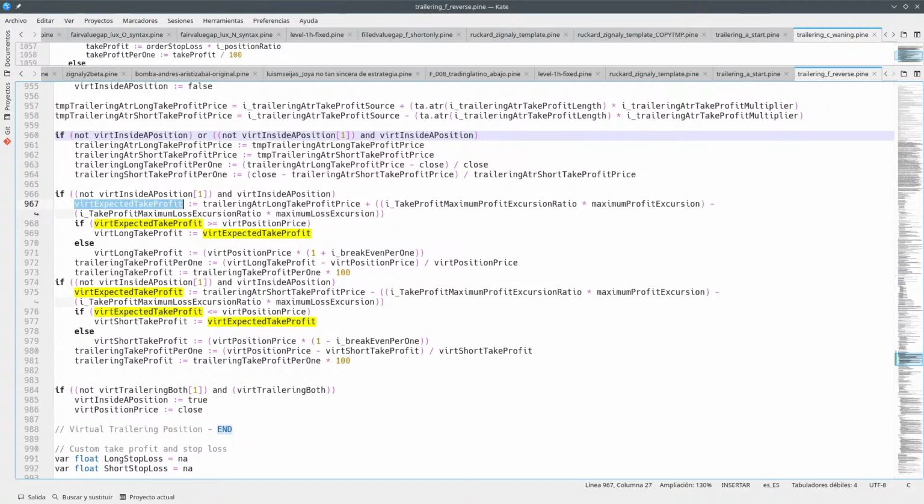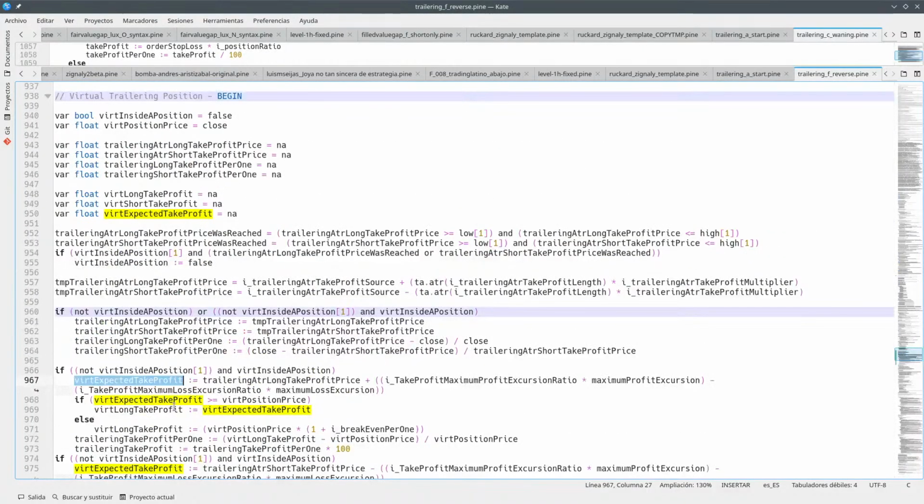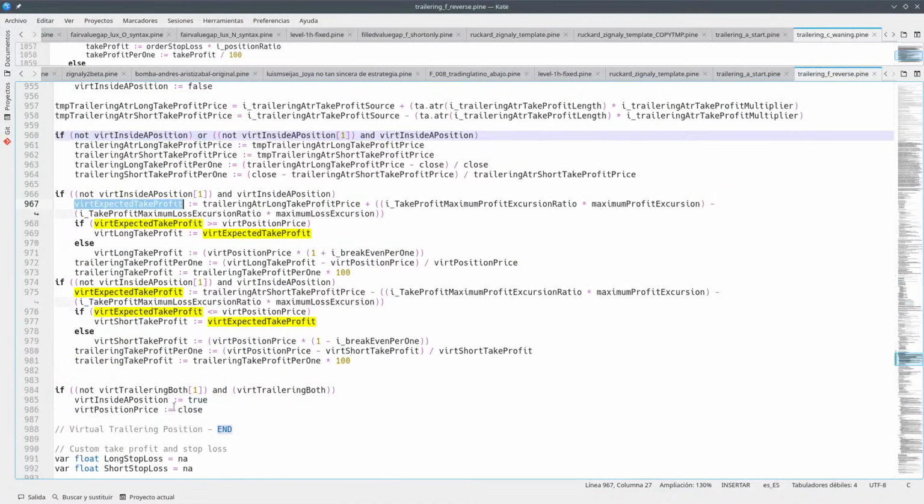So there's some stuff that I don't know if it makes sense or not. Do we need any of this trailing take profit?